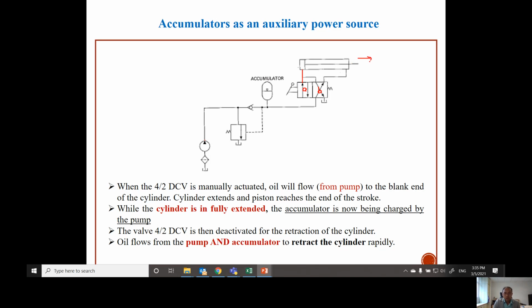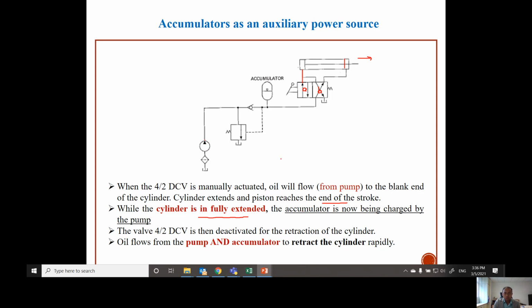Okay, so after a while the piston will reach the end of the stroke, let's say here. Means that the cylinder cannot extend anymore. It's already reached the maximum end of the stroke. So when this happens, when the cylinder is fully extended, while at the same time the pump is still supplying the oil to the system, so what will happen?